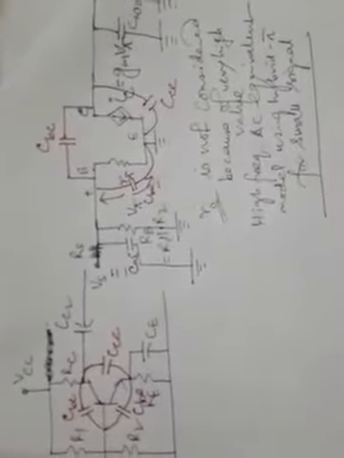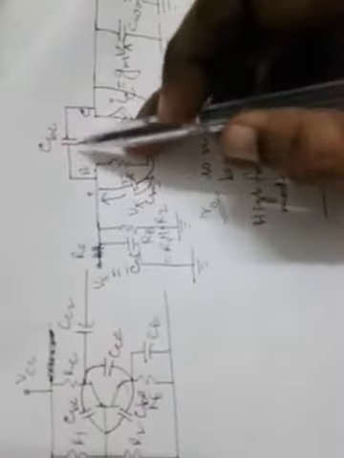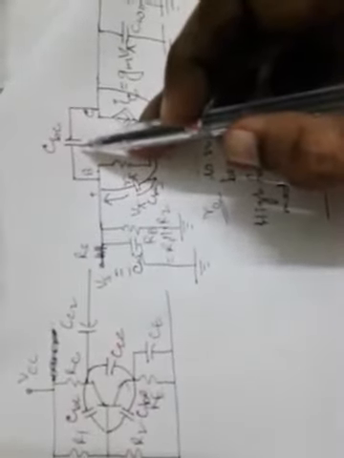If we want a closer look at this model, we can see that only this CBC capacitor will not allow us to separate the input side and the output side, because CBC is common to both. It is something like a feedback capacitor. So we need to eliminate this feedback between input and output.